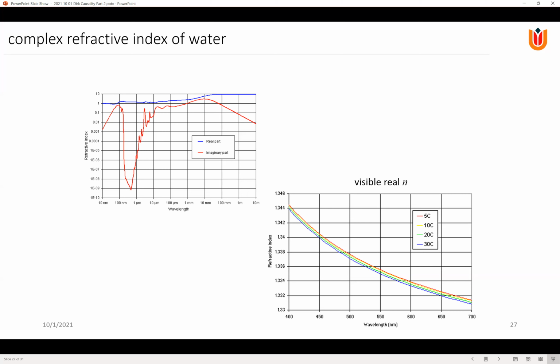One tricky thing about this graph is that it is plotted here for different temperatures. You see a small temperature dependence occurring here.